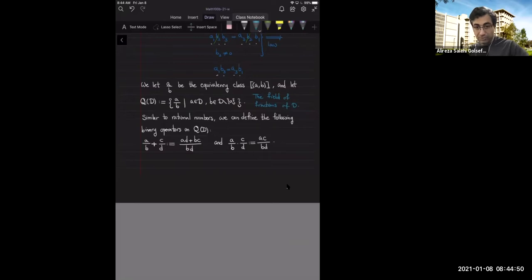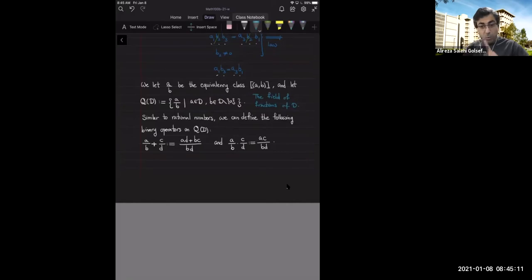I can choose whatever ordering I want, divided by B times D. So I'm defining summation of two fractions to be this new fraction. And similarly, we can define multiplication of two fractions to be multiplying the numerators and then multiplying the denominators.